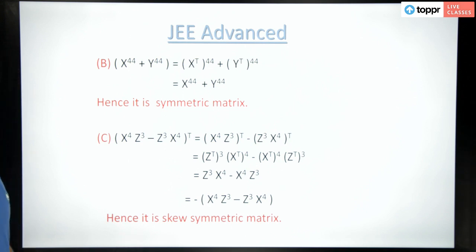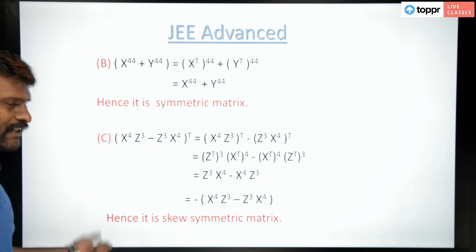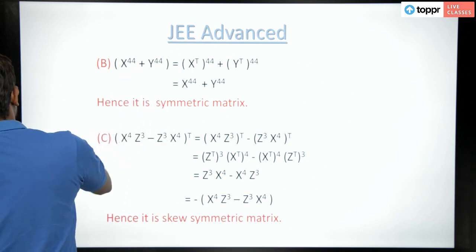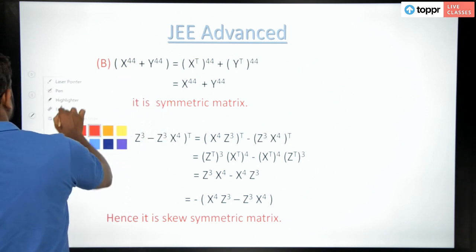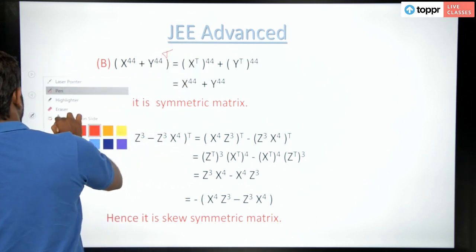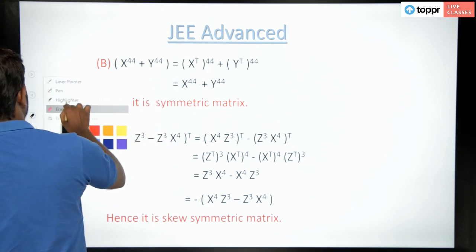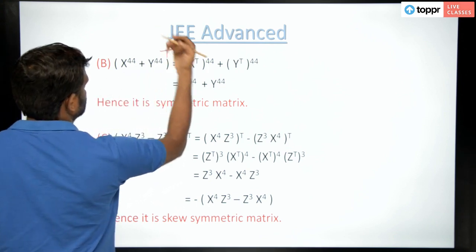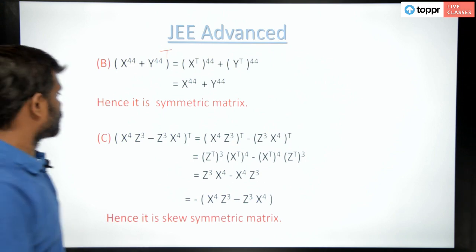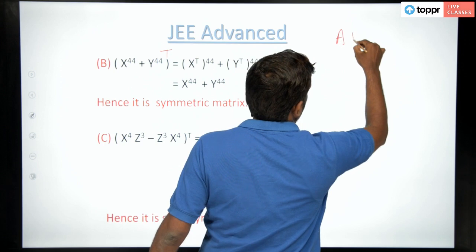We already know that x is skew symmetric and y is also skew symmetric, right. If I want to find its transpose, again the transpose of a plus b can be written as a transpose plus b transpose, right.